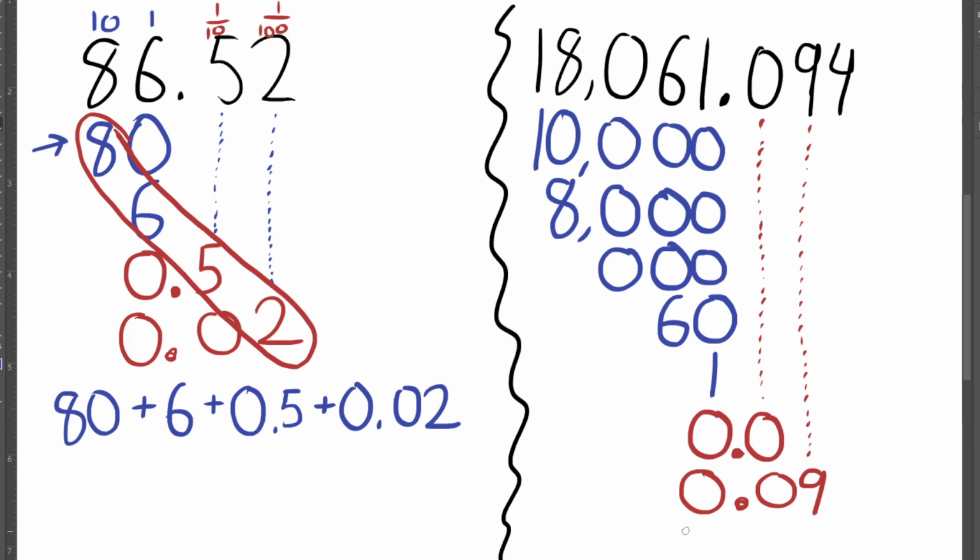And last but not least, we have 0 and 4/1000ths. If I were to write this down like this, notice how I have 2 that are lined up at the same line. We know that that would be incorrect. It needs to be one number per invisible line down.